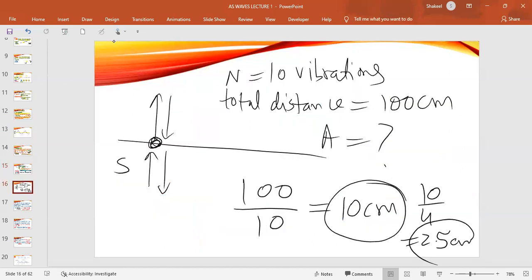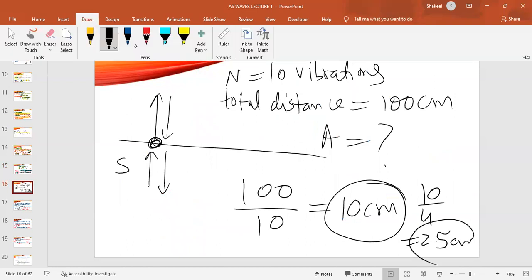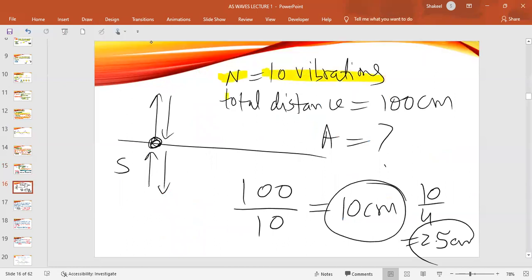We will look into a question. You can see from here, there are a total of 10 vibrations of the source, and the total distance in 10 vibrations is 100 centimeter. So this source completes 10 vibrations, and it covered 100 centimeter of distance. What is the amplitude of the wave being produced from this source? First, 100 centimeter is covered in 10 oscillations, so how much distance is covered in one oscillation?